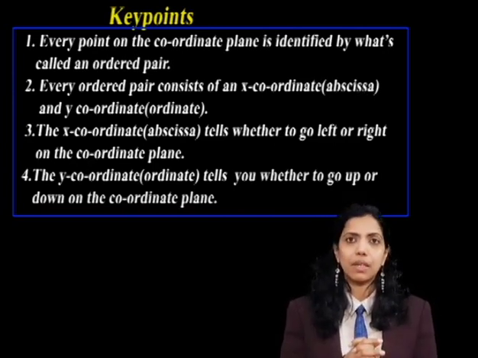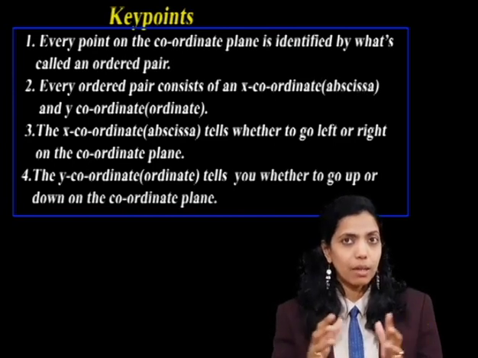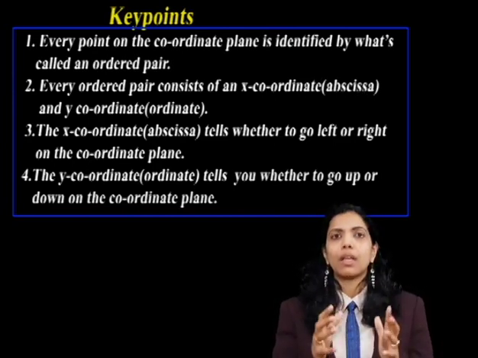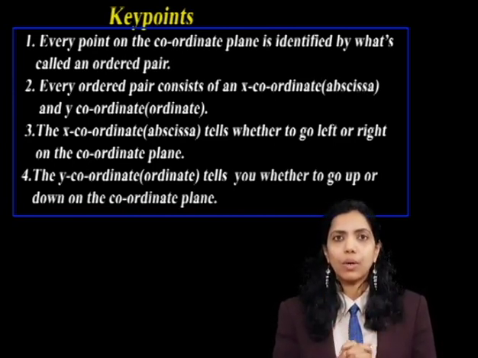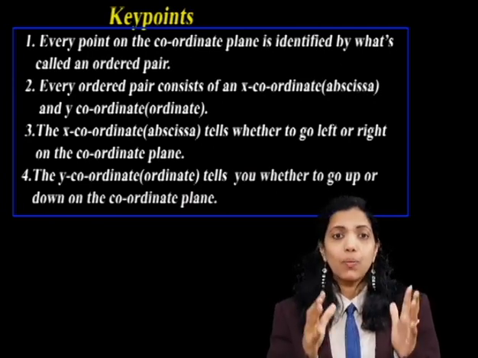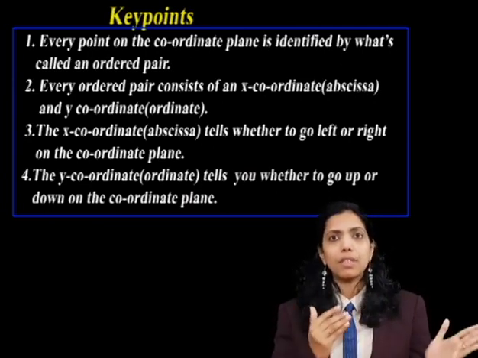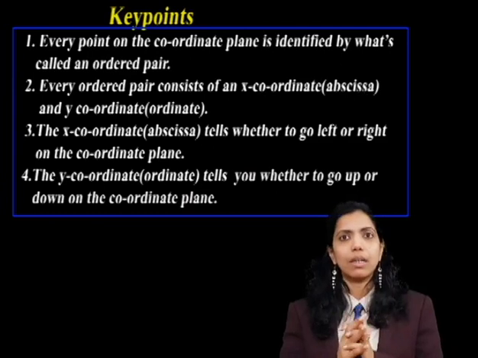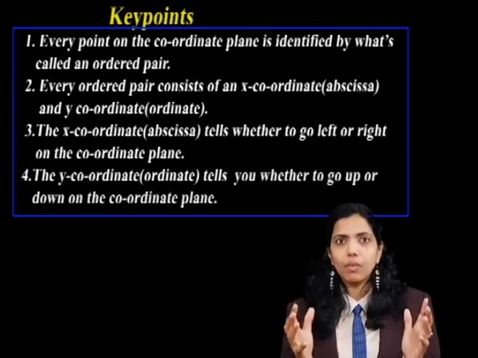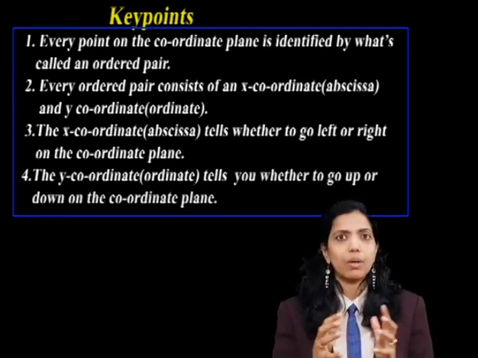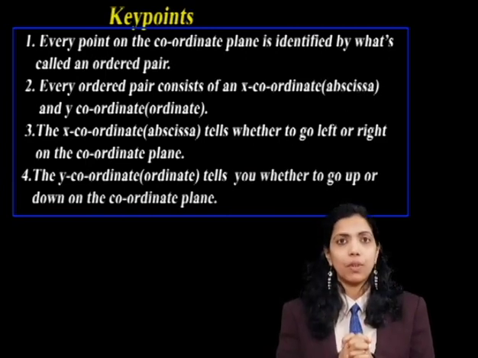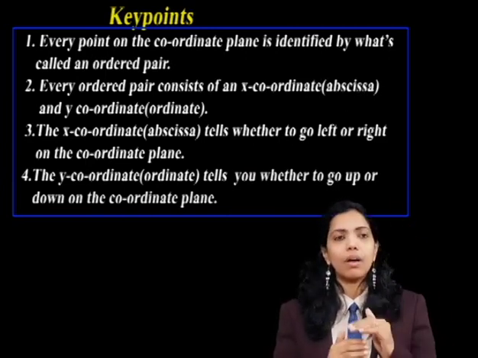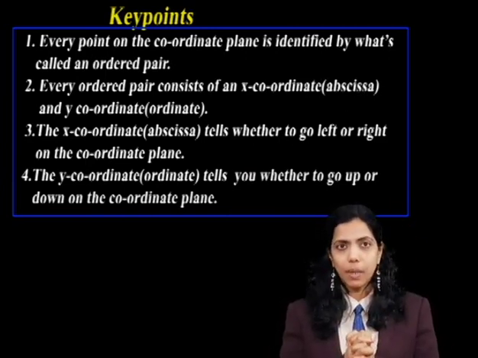It is abscissa. And the y coordinate, of course, is the ordinate. The third point: the x coordinate, abscissa, tells whether to go left or right on the coordinate plane. Then how about the y coordinate or ordinate? Of course, whether we have to go up or down on the coordinate plane.